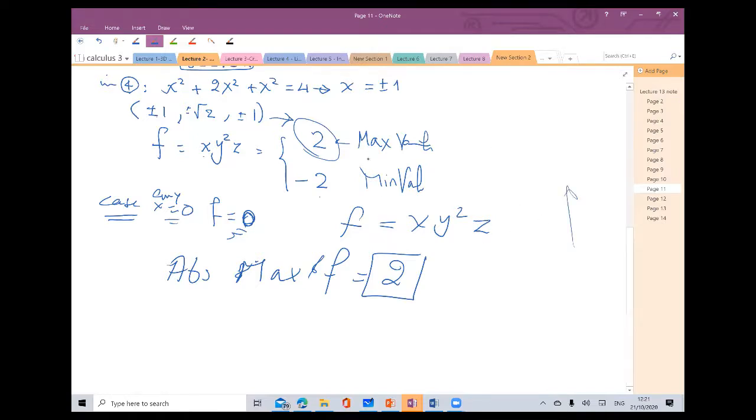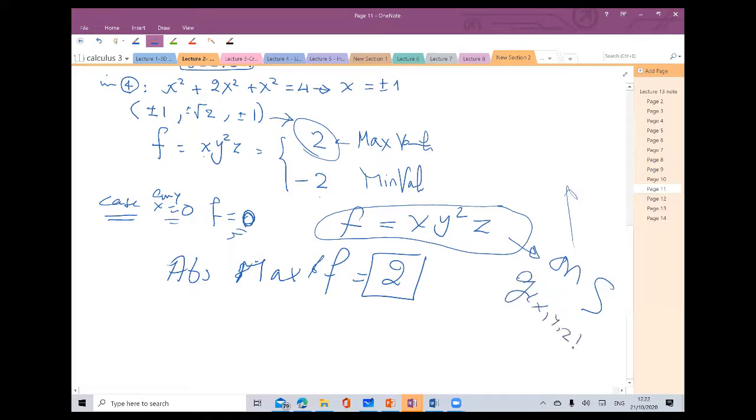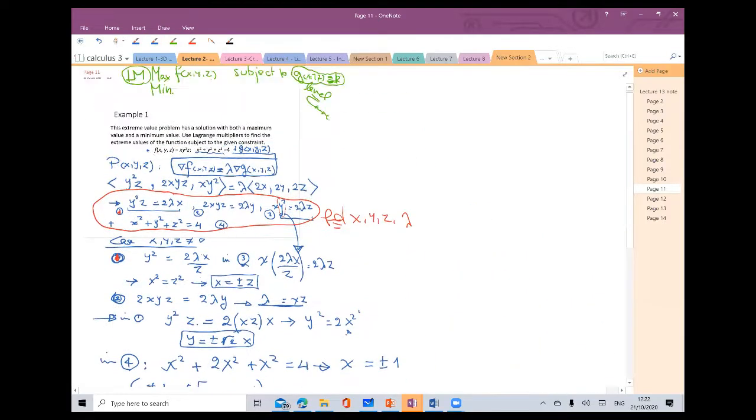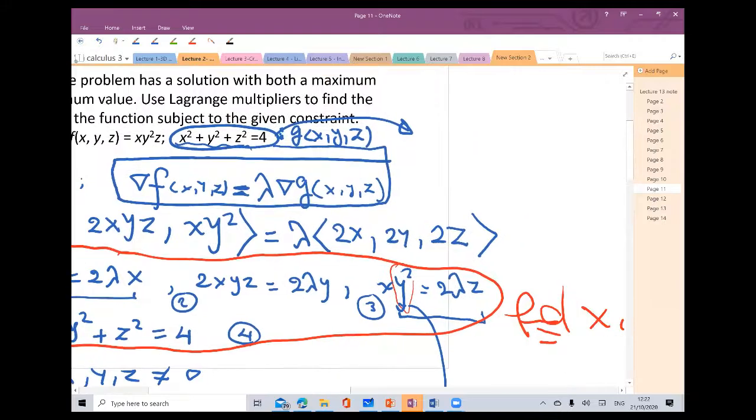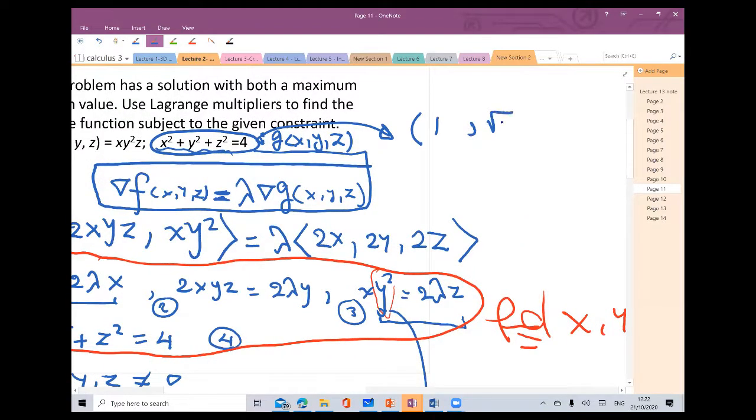It can be infinity, right? But when I asked you to get the maximum of this function, I didn't ask for the maximum and stop; I asked for the function on the surface that satisfies the constraint g of x, y, z. So you got the maximum of the function f that also satisfies this equation. When I go back to my g in the problem, the point that I got must satisfy it. What points did I get? They were 1 and root 2, right? So the points that I got were 1, root 2 and 1.